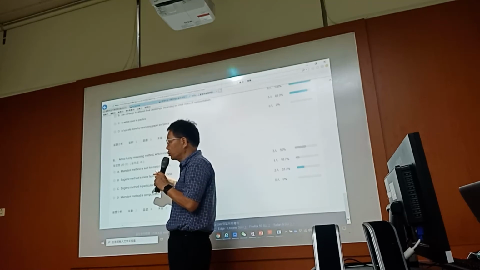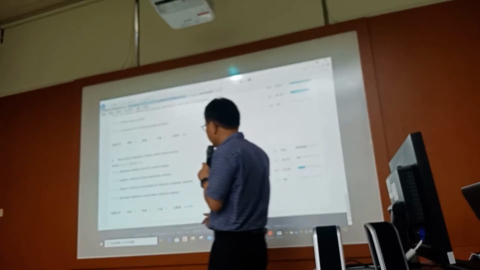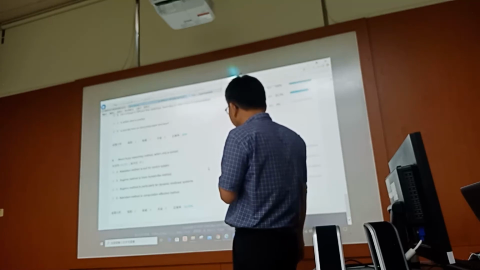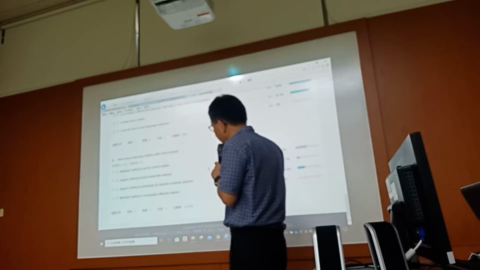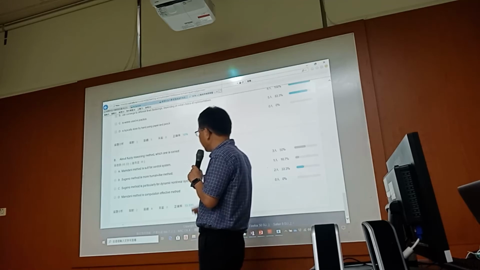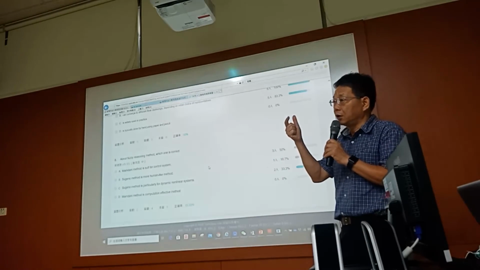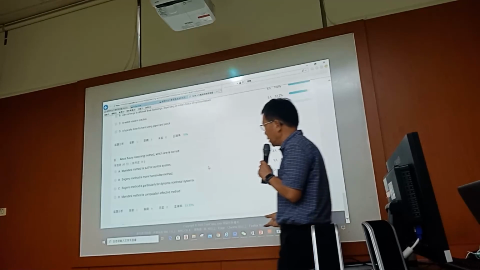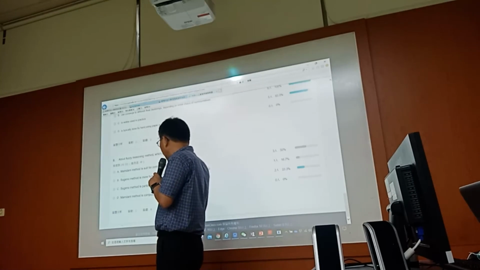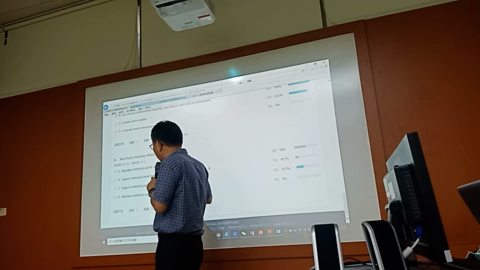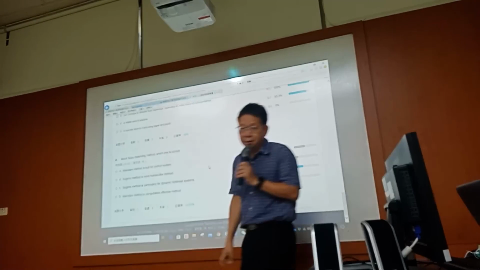So this is wrong too. The Sugeno method is practical for dynamic nonlinear systems. This is right, because its linear function can respond quickly. The Mamdani method is a computationally efficient method. This is wrong. So the correct answer is C.